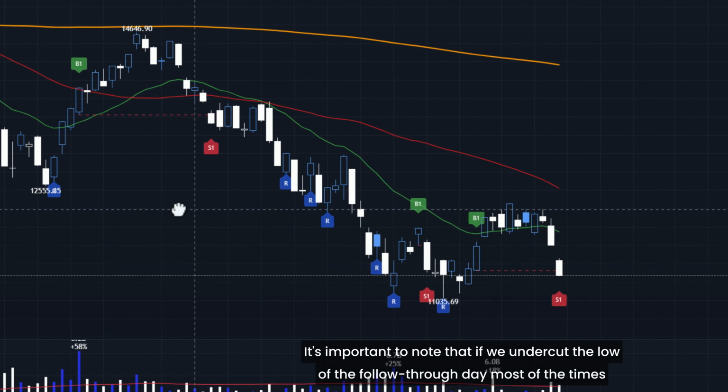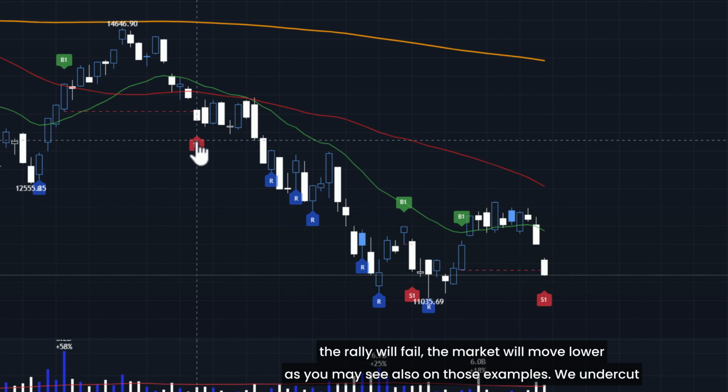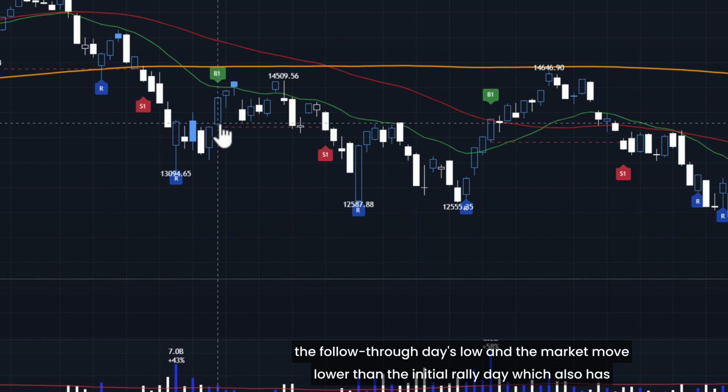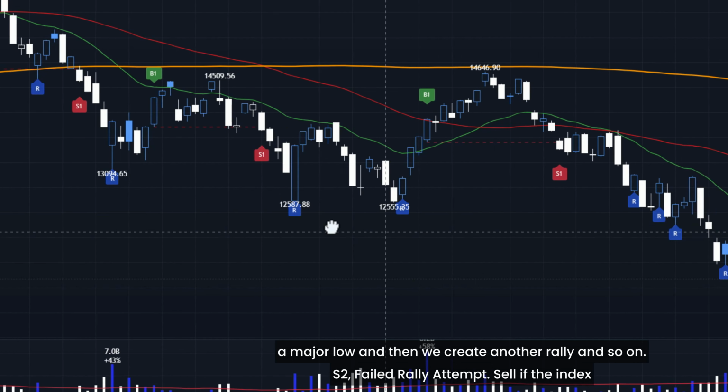It's important to note that if we undercut the low of the follow-through day, most of the time the rally will fail. The market will move lower, as you may see also in these examples. We undercut the follow-through day's low and the market moves lower than the initial rally day, which also has a major low, and then we create another rally and so on.